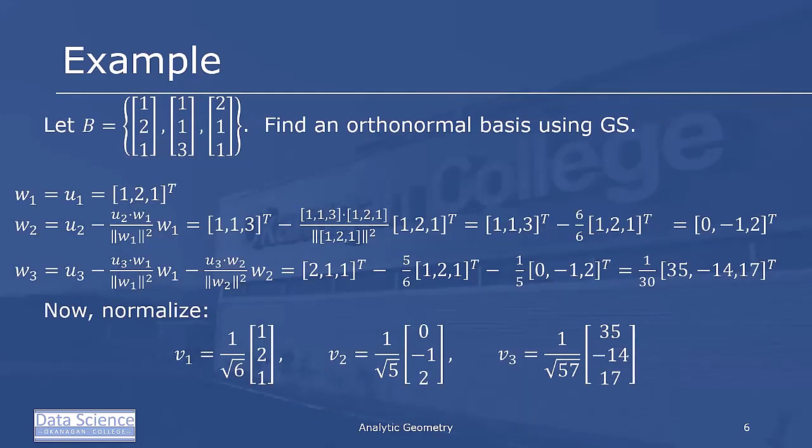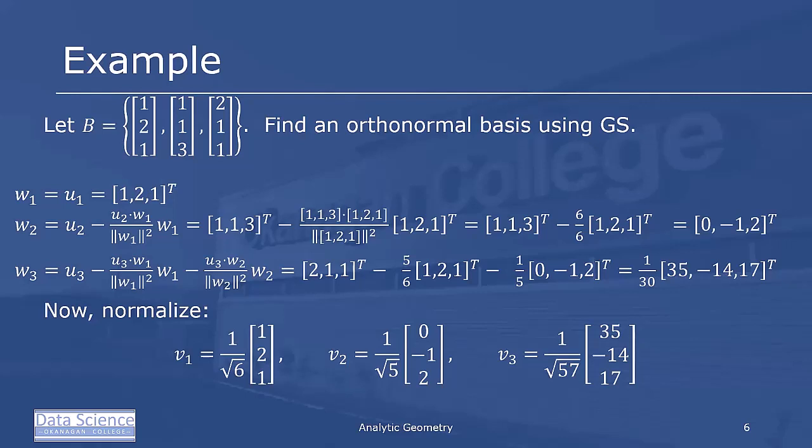In our final example, we'll take a set B consisting of three-dimensional vectors (1, 2, 1), (1, 1, 3), (2, 1, 1). And we're going to again use Gram-Schmidt to find an orthonormal basis. So w1 is going to be u1, so that's (1, 2, 1).